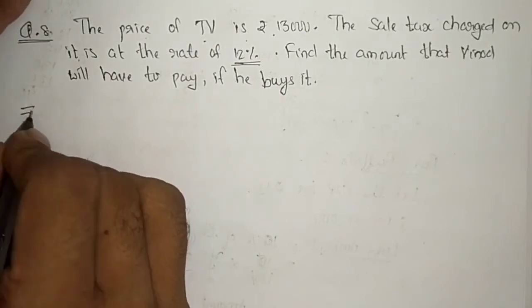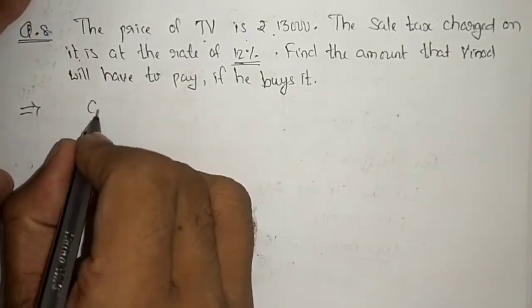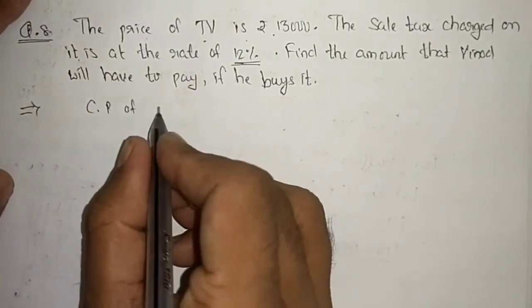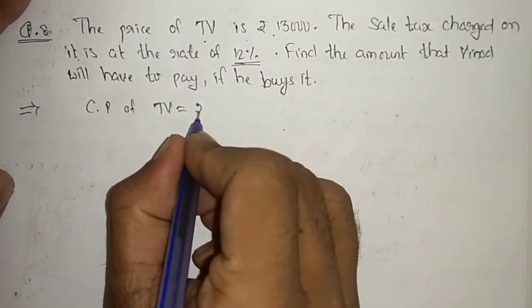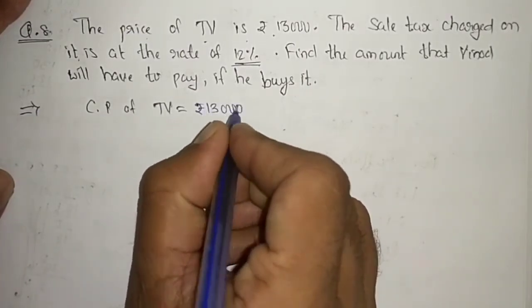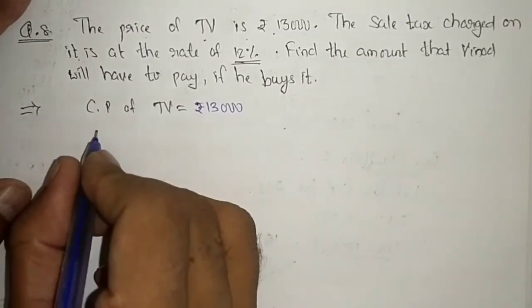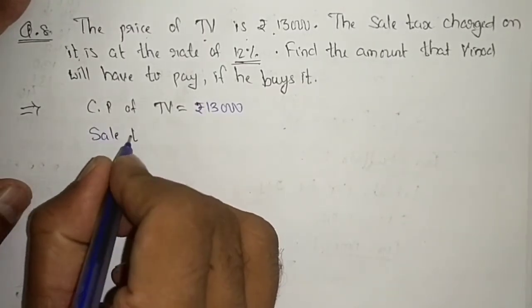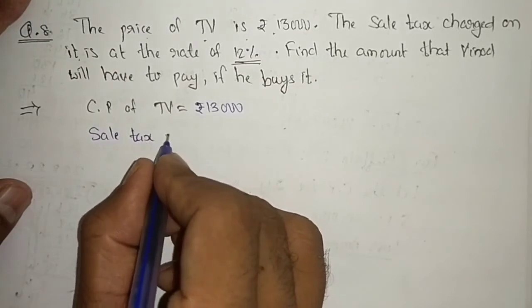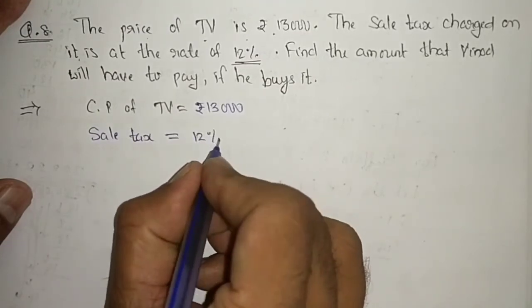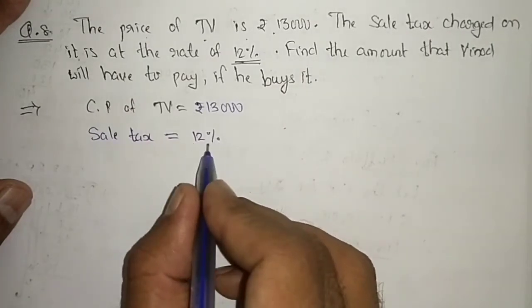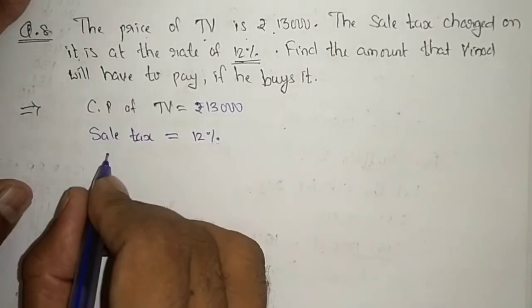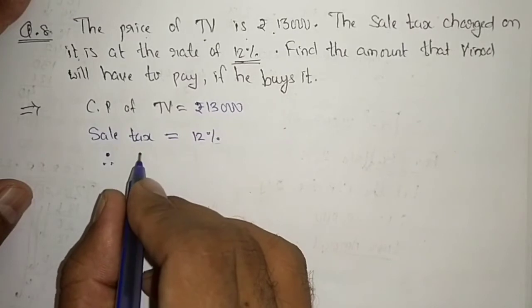So the question will go like this: cost price of the TV is equal to rupees 13,000. Sales tax is equal to 12%. That they have told, but this is in percentage. We are supposed to find it as an amount in rupees.